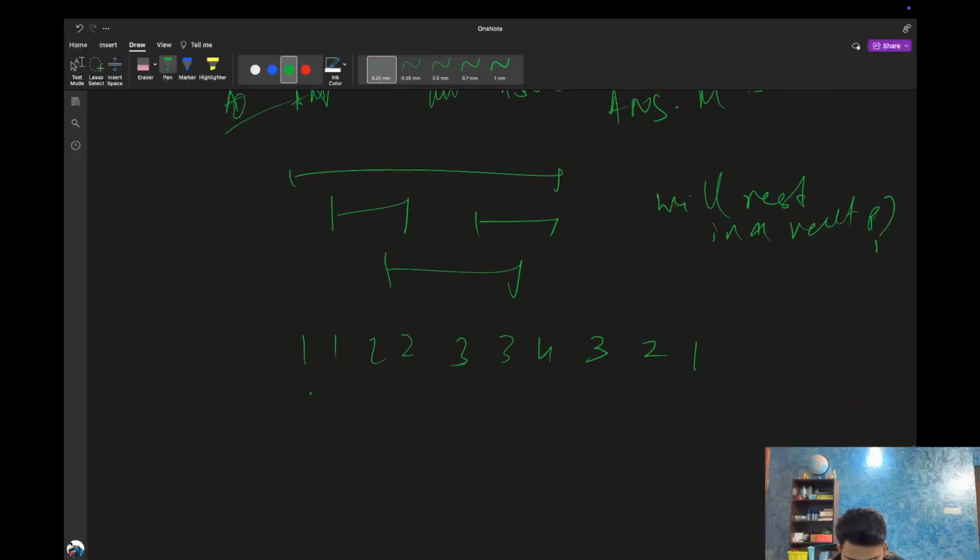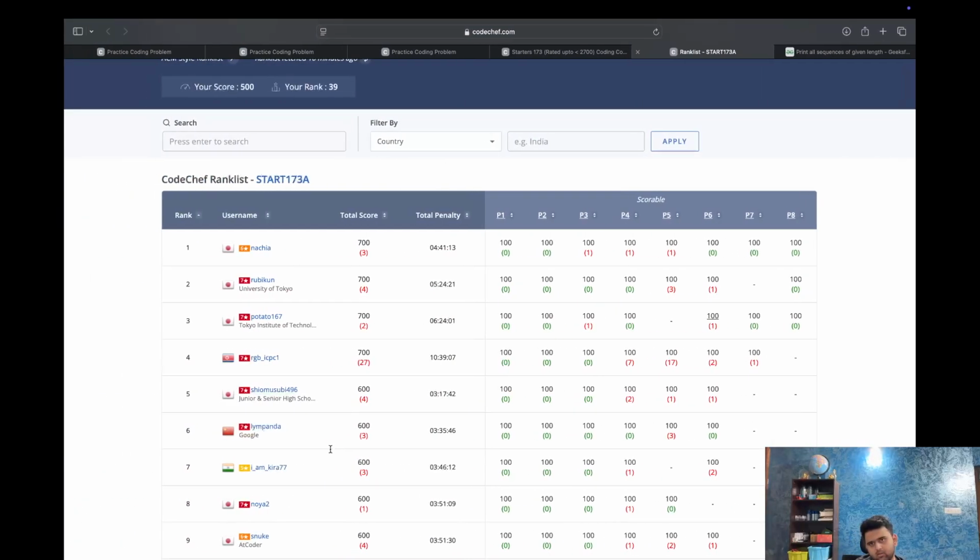That means I go here, then I go here, then I go here, okay. No, house numbers.